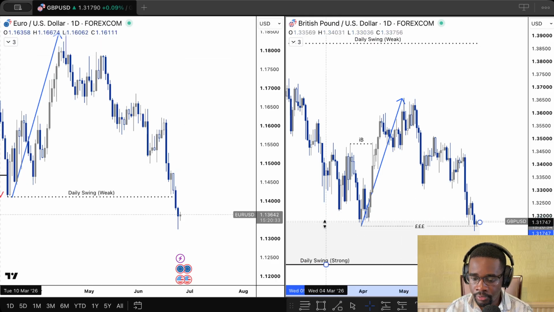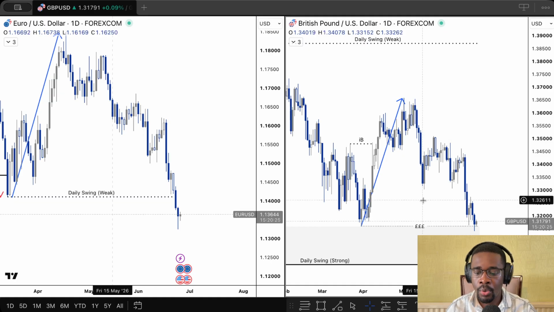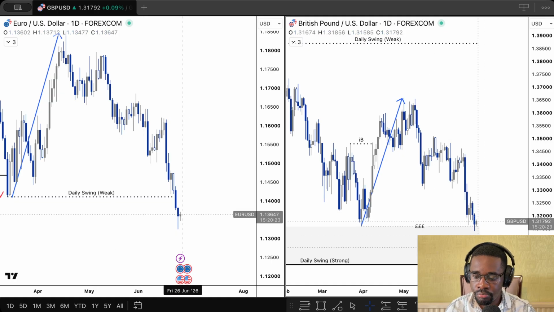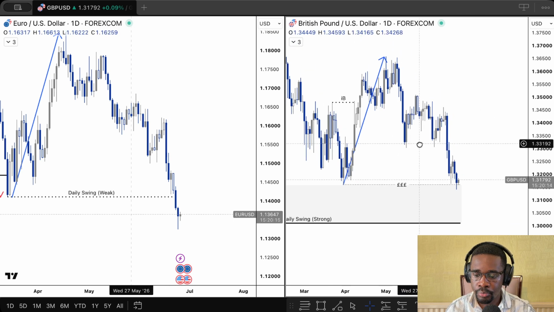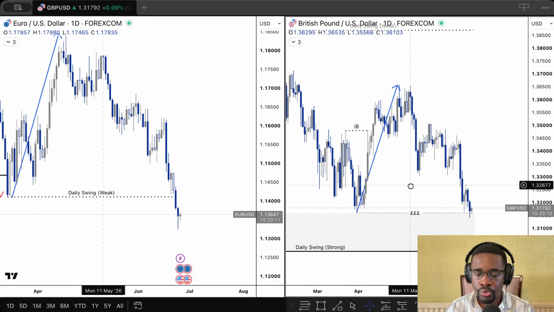We have retested this extreme again, and that's what we're interacting with at the moment. So it is possible price could continue to push a bit lower before it then switches bullish. It can continue a bit lower and then push to the upside.